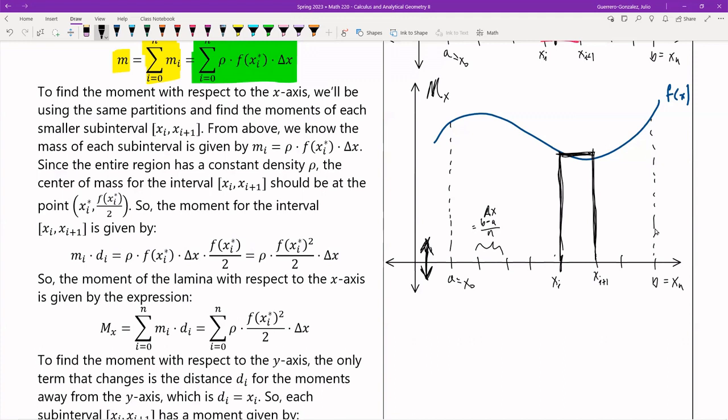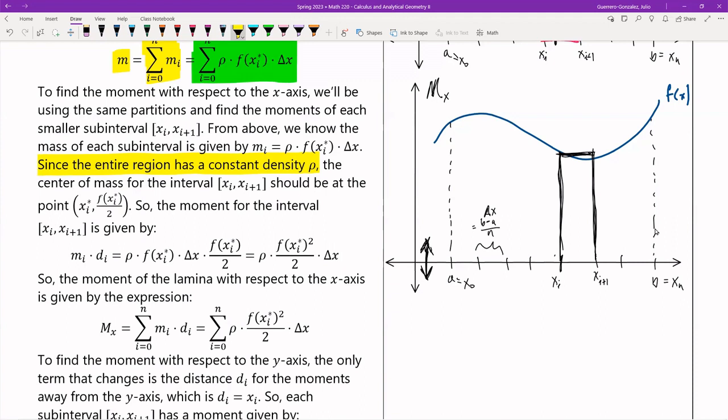So I'm going to split it up again using our partition. Now, this is sort of the crux of the argument. The entire region has a constant density. That means there's no more stuff in one part of our shape than any other part. Basically, the amount of material is evenly distributed along the entire thing. Does that make sense?